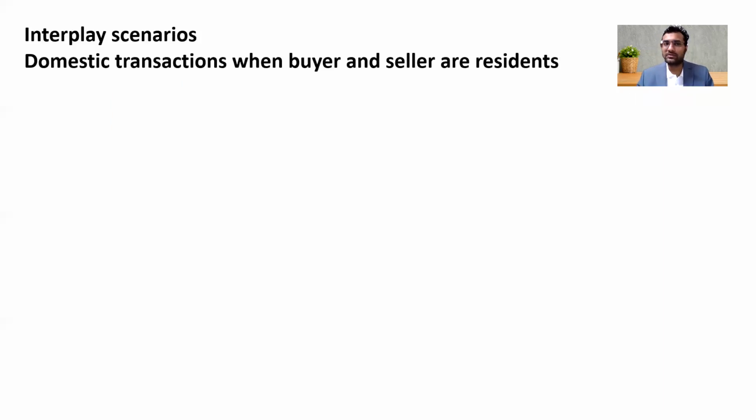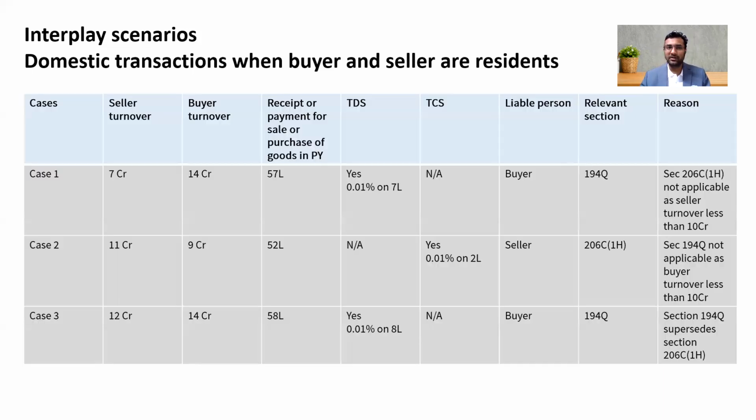Now let's discuss some interplay scenarios, where a domestic transaction happens between a buyer and seller who are residents. Let's discuss on a case-to-case basis. Take case one, where the seller turnover is 7 crores, which is less than the limit of 10 crore specified in the section.